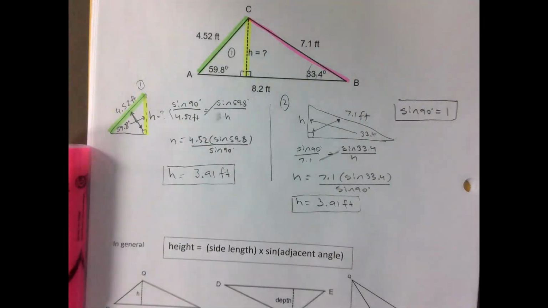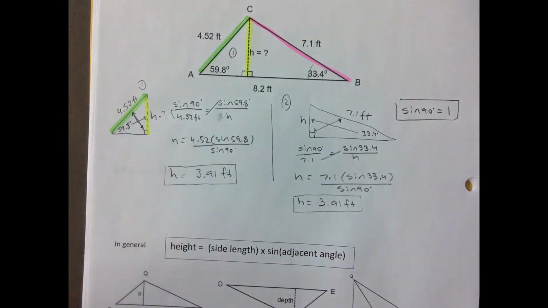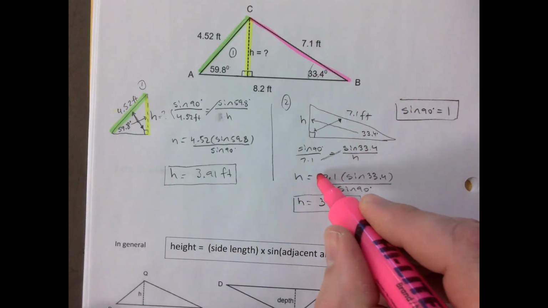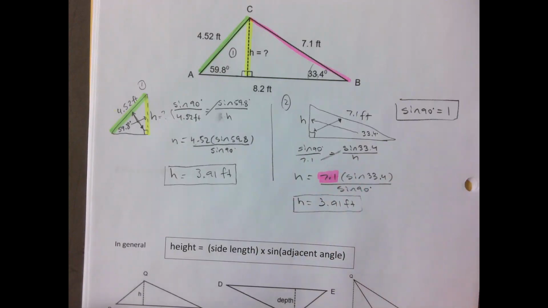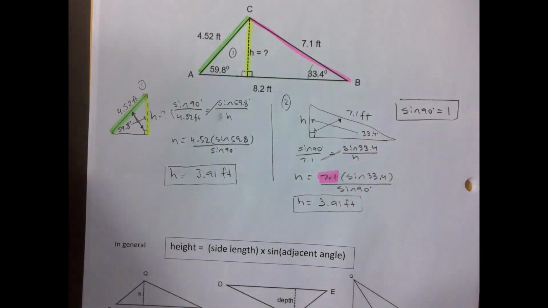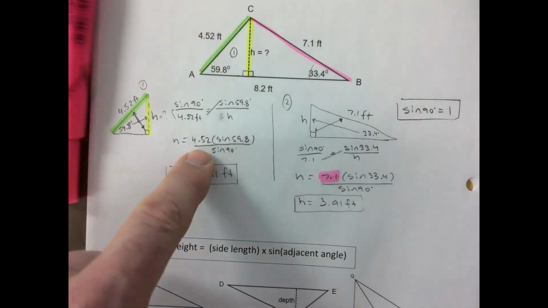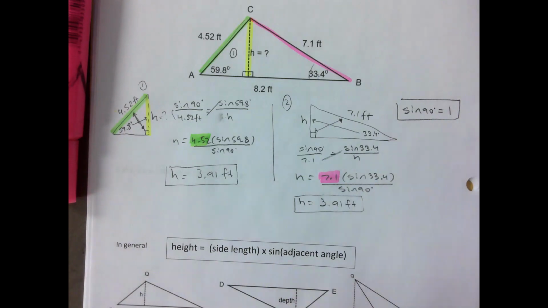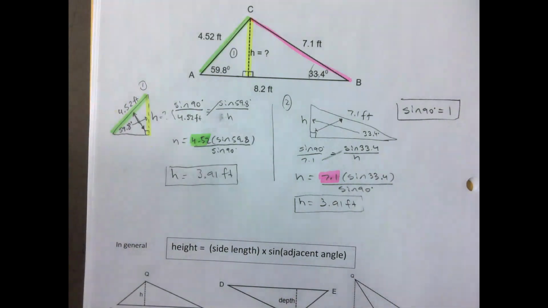Okay, I'm going to try to highlight the 7.1 is right here. And the 4.52, that's the green, is right here. You see a pattern already or not yet?